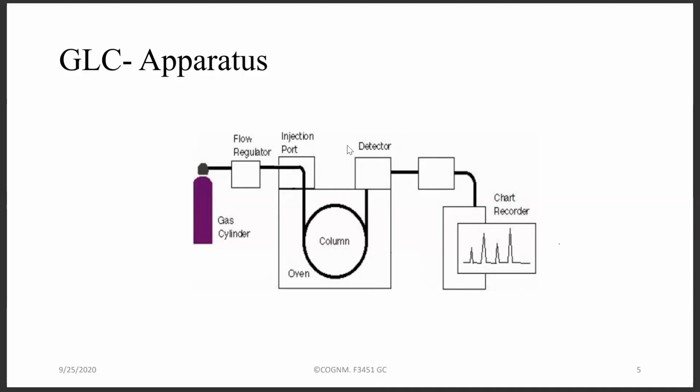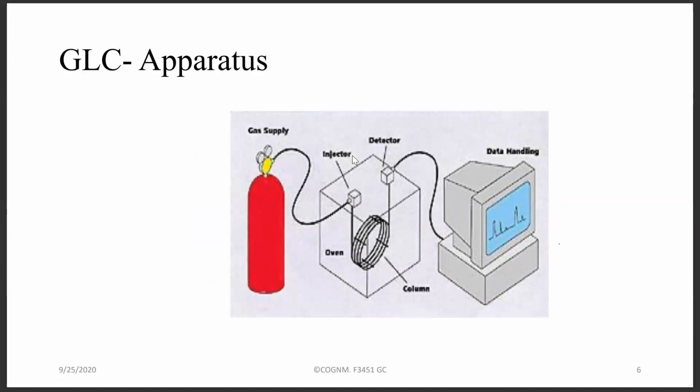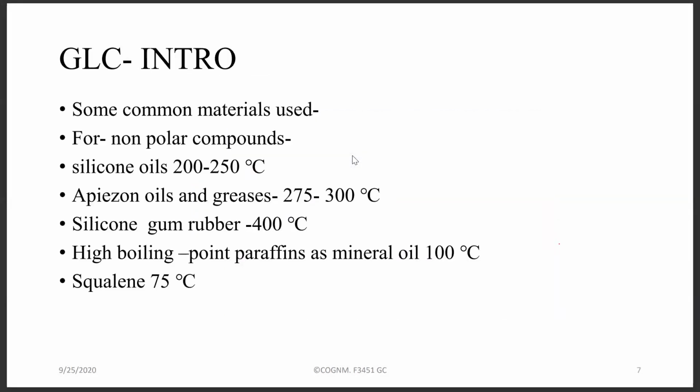The detector, as the word says, detects our analytes or our eluents. And finally we have our chart recorder, or basically our computer, where we now find the digits. So that's here.